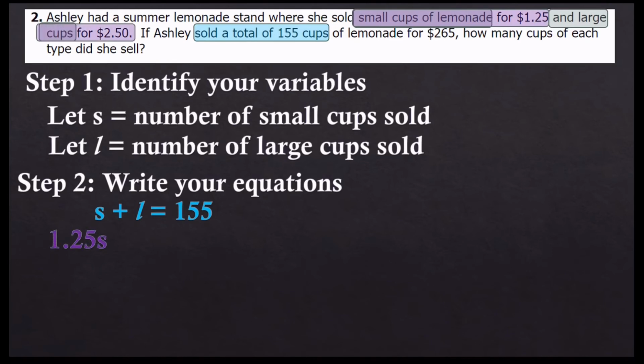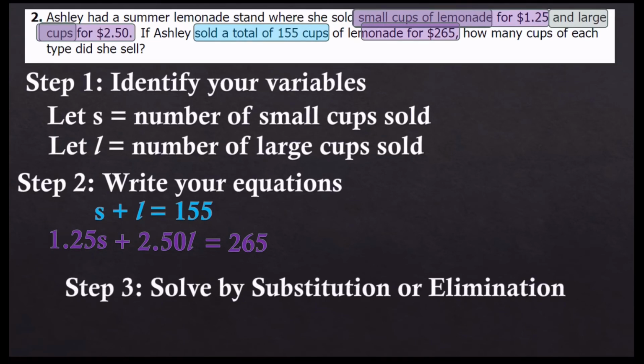She sold the large for $2.50. So then she'd make $2.50 for each large. Now, how much money did she make total after selling all these cups? She made $265. Finally, what would our third step be? Solve by substitution or elimination. And yes, we want you writing every single one of these steps. The more you write them, the better and easier this will become. We also want you to highlight in the word problem just the way we've done it here on every single one.